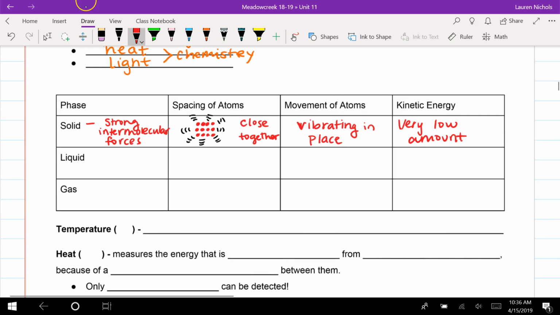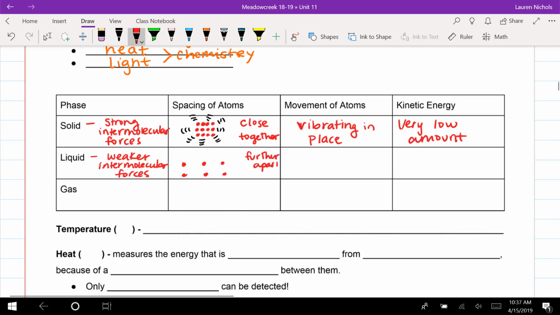In a liquid, the intermolecular forces are going to be weaker. This is because the liquid molecules are going to be moving more, so they're going to be further apart.